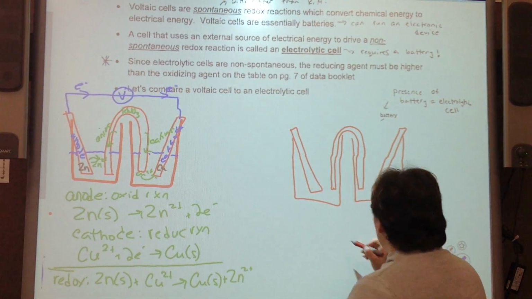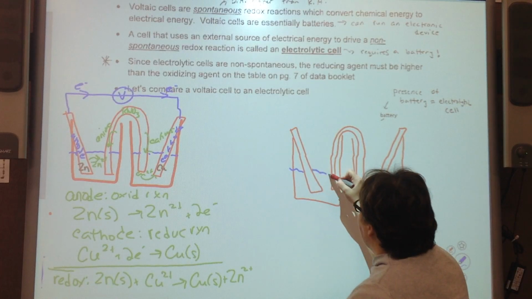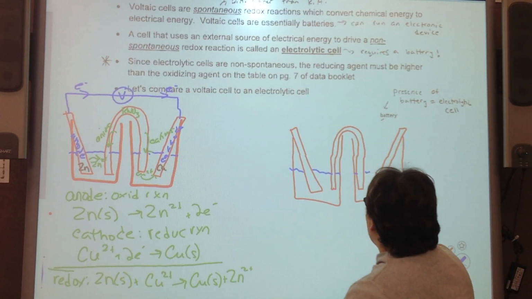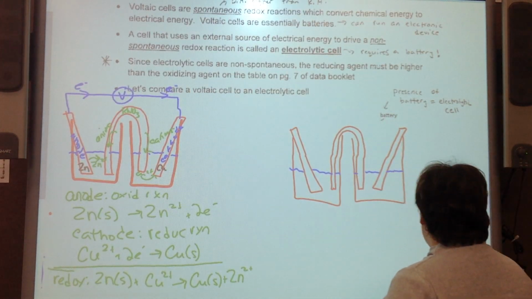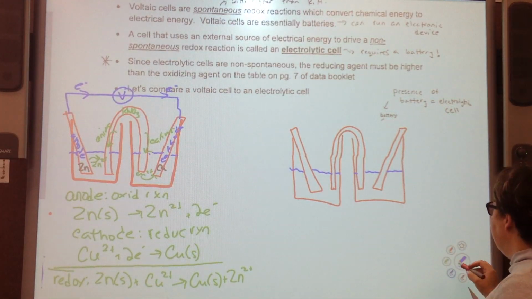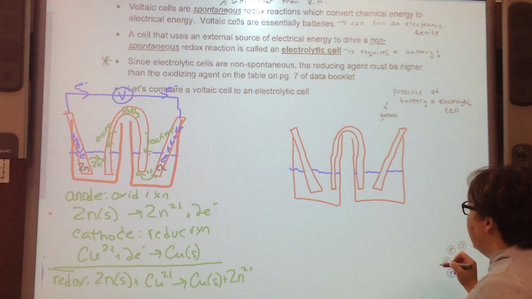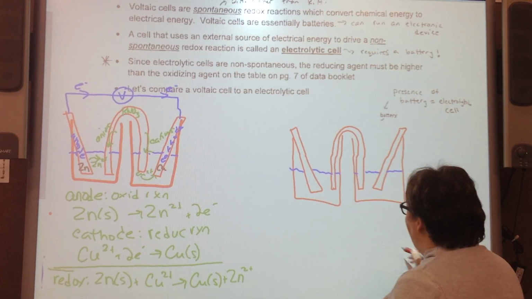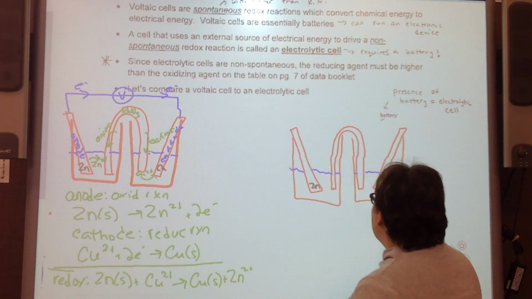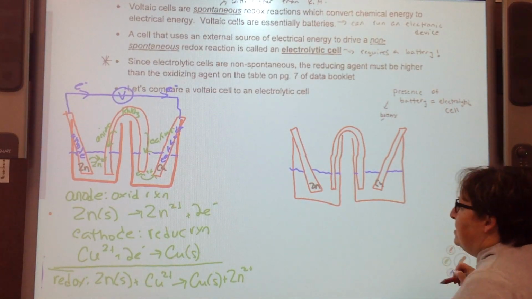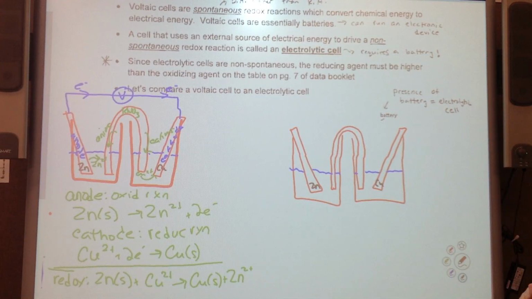We still have a solution with the electrolytes. Okay, but because this reaction does not want to happen, we're still going to call this one zinc and this one copper, just to keep everything as similar as we can.